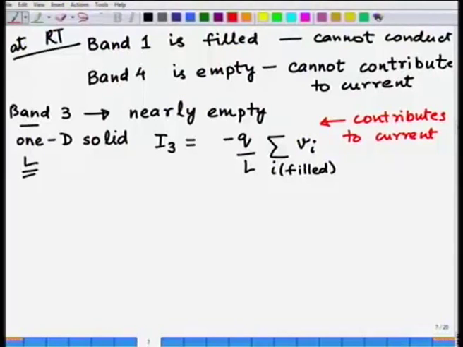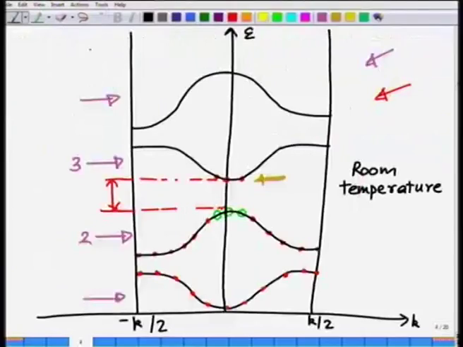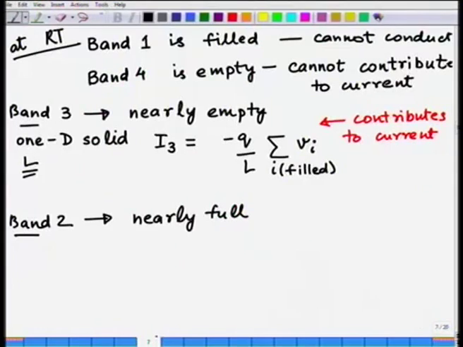If I now look at band number 2, what are its characteristics? It's nearly full. If you look at this picture, you see green open circles, which show you the empty states, but other than that, it's almost completely full.